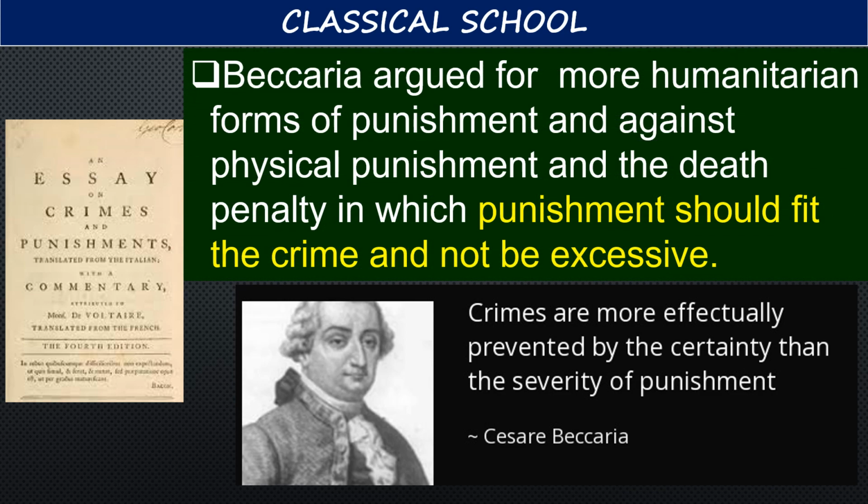He argued for more humanitarian forms of punishment, meaning he was not amenable to the death penalty and the harsh or corporal punishment, like torture and similar things, that were instituted during the pre-classical school. He said that he was against the death penalty, and the punishment should fit the crime and not be excessive.